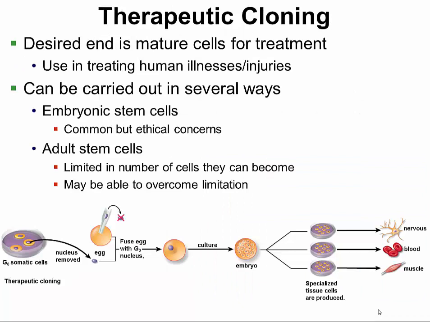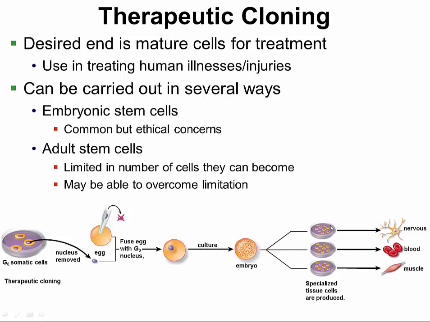Now, therapeutic cloning is a little bit different. Therapeutic cloning works exactly the same up to this particular point, but at this point we have things referred to as embryonic stem cells. Embryonic stem cells can become anything. So if you cut them in half, then you would have had 1 sheep, but you have 2 sheep as a result of splitting them in half.